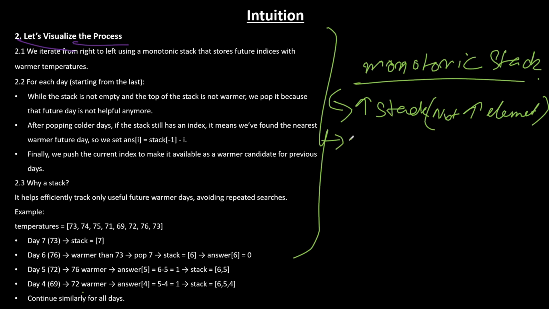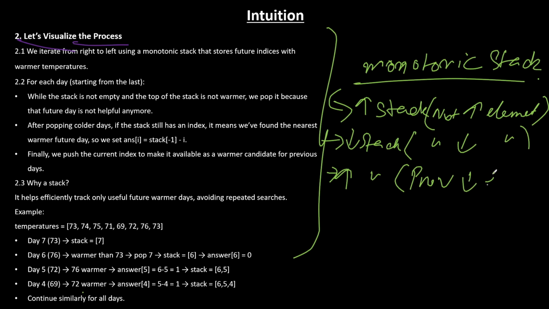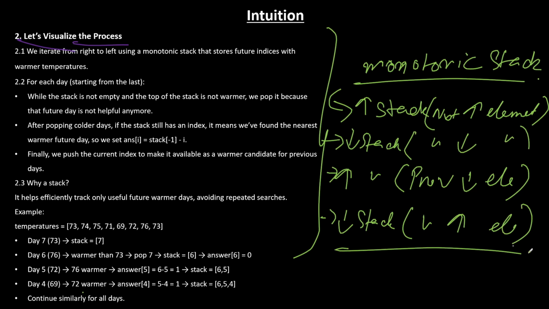Then there is decreasing stack, which is basically next smaller element. Then there is increasing stack, which is basically previous smaller element. Then there is again decreasing stack, which means previous greater element. Okay, so these are four kinds of monotonic stack.